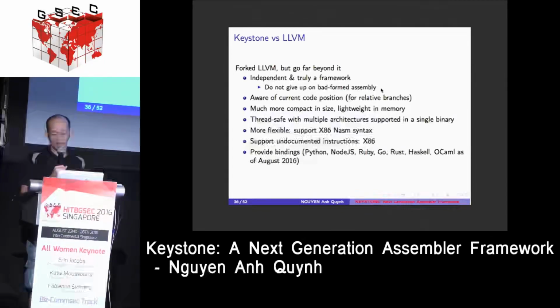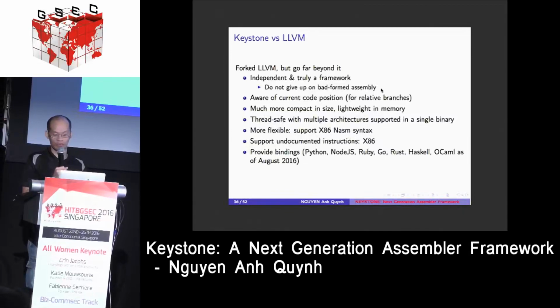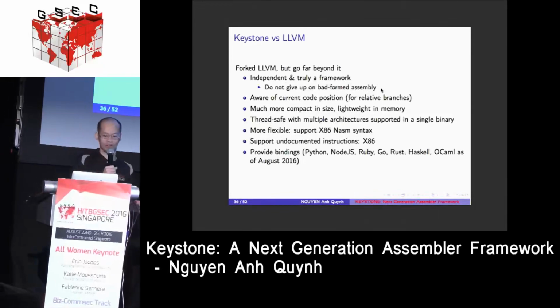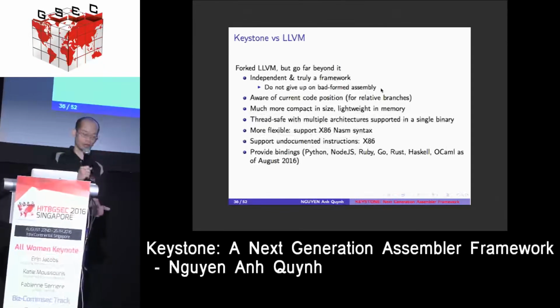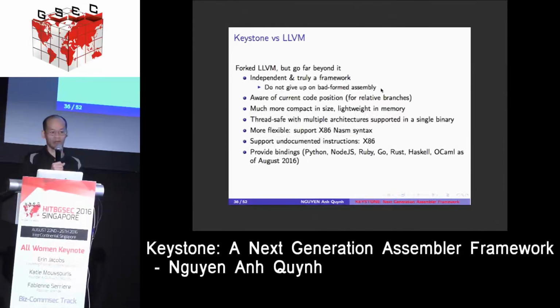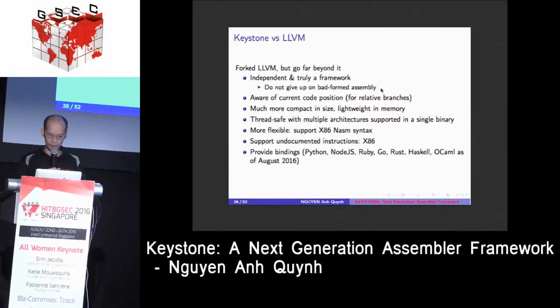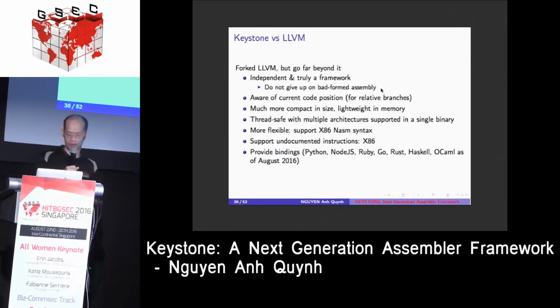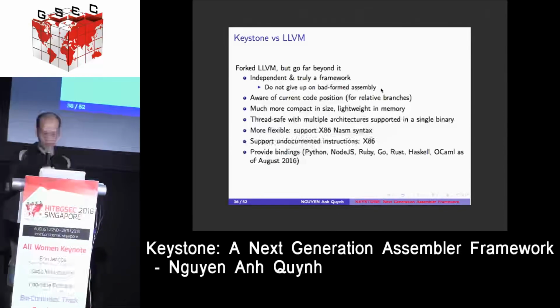It is aware of the current composition, so we support relative branches properly for all the architectures. Keystone is much smaller in size and lighter in memory. The size of Keystone is like 10 times smaller than LLVM because I removed a lot of things that you do not need inside Keystone. Keystone is thread safe. You can build multithreaded programs on top of Keystone.